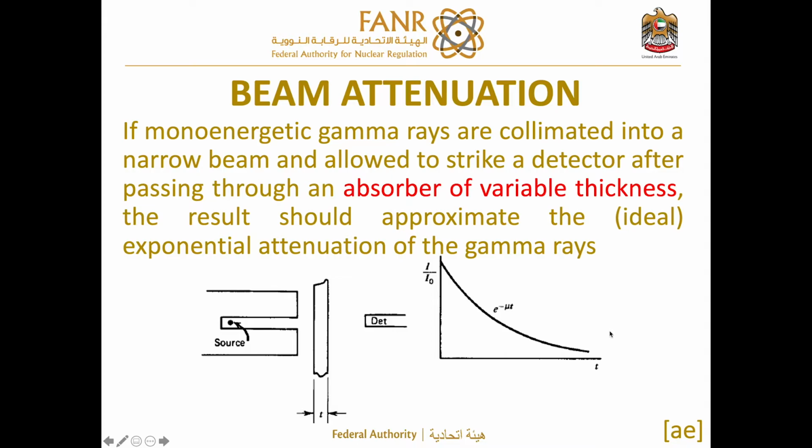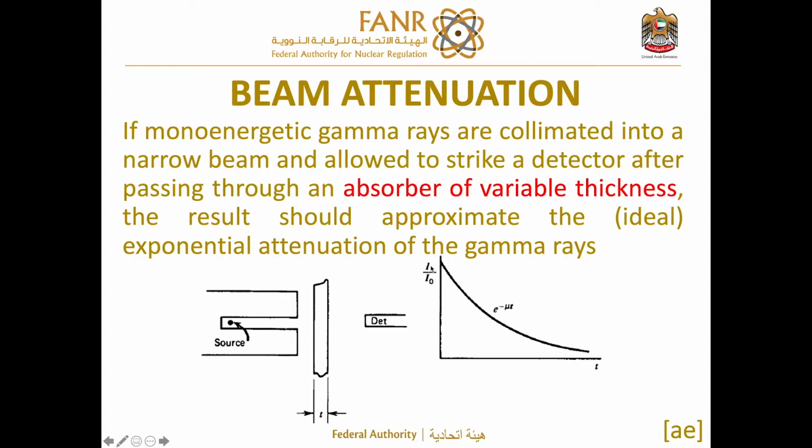This is an ideal situation which depicts the attenuation of gamma rays in a laboratory condition, and as this is a statistical phenomenon, the decrease in the number of radiation detected, or if you want here the ratio between the original number and the number at a certain thickness T, depends exponentially from the thickness of the absorber by using a parameter which is indicated here as mu.